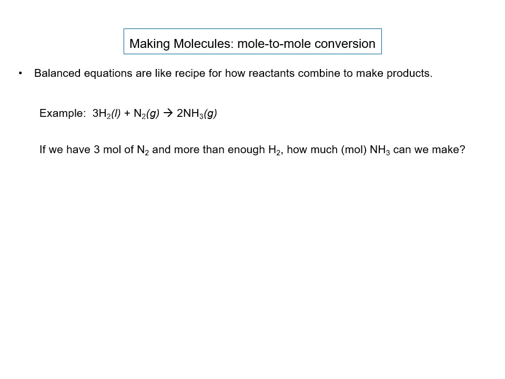I'm given 3 moles of N2, so I put 3 moles of N2 here. And I'm trying to figure out how many moles of NH3 I can make. From the balanced equation, I can see that for every 1 mole of N2, I can make 2 moles of NH3. So I use that as a conversion factor.